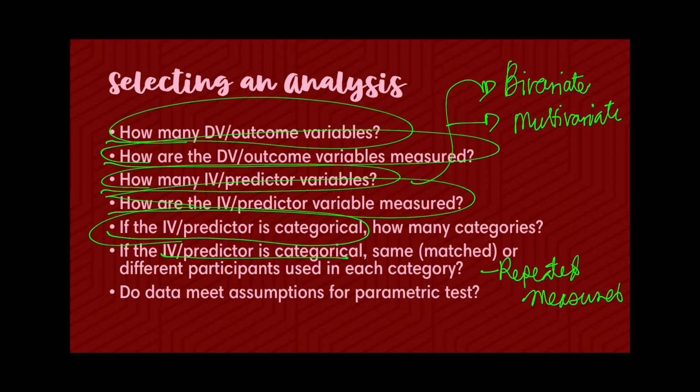And then, of course, there are those that are not matched or not the same. Like for example, we are measuring depression scores in a single period in time, but we are differentiating the group of males and females, or the group of first year, second year, third year, fourth year.